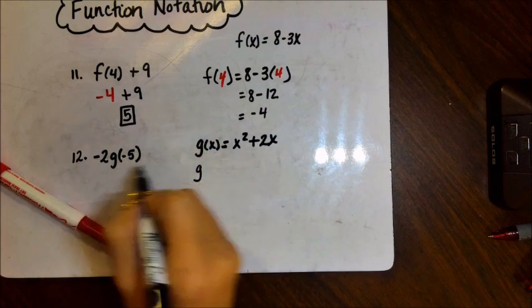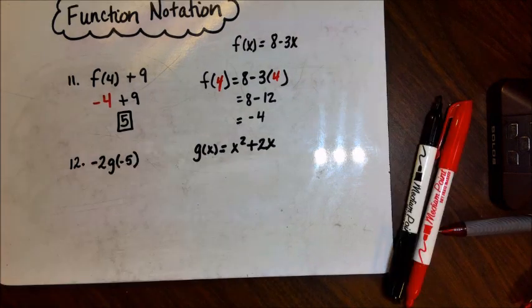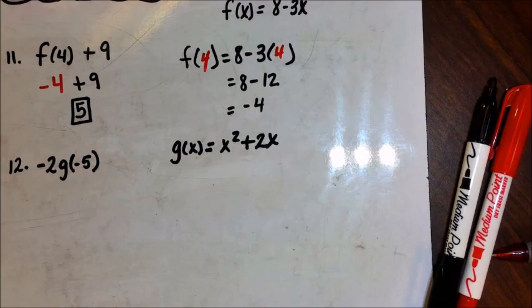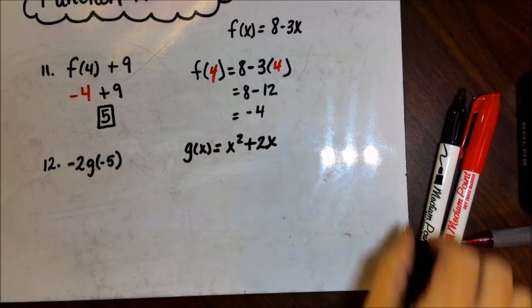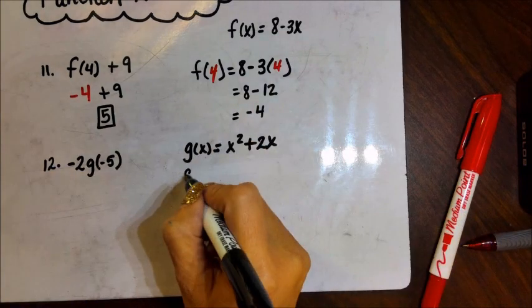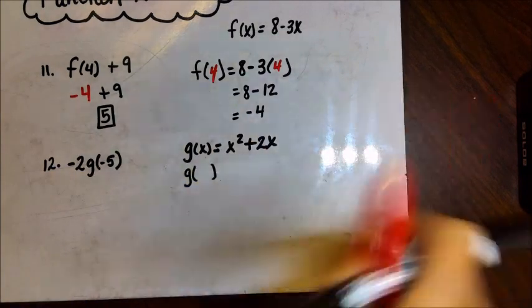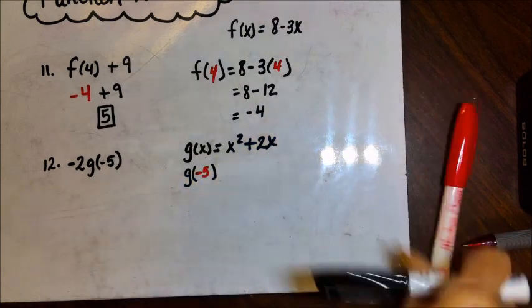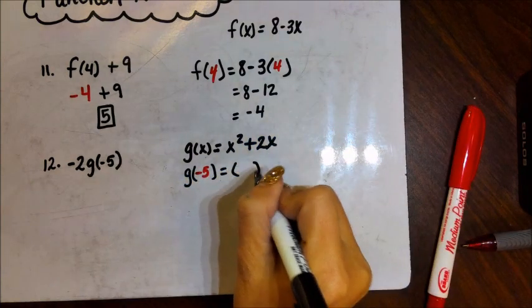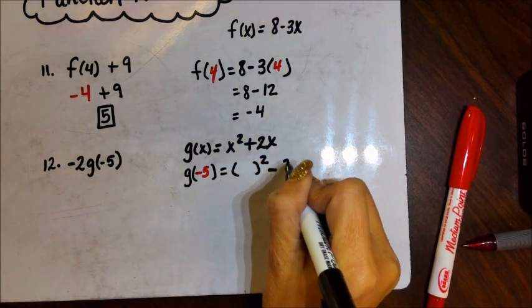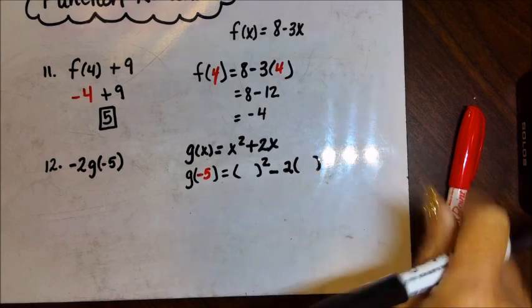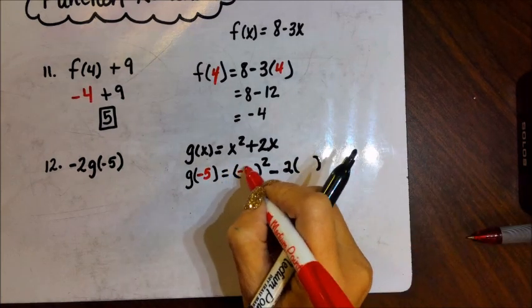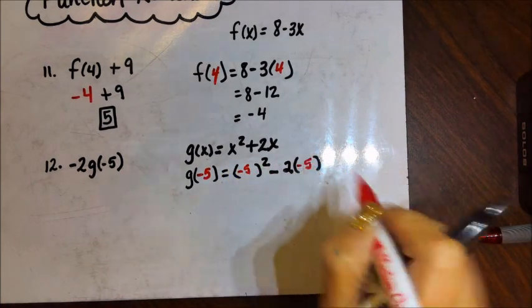So let's do g of negative 5 first. Okay, so let me go back here. Sorry, my computer died again. So g of negative 5 equals, and I'm going to put my x squared in there, minus 2, and put my x in there. So that'll be negative 5 and negative 5.